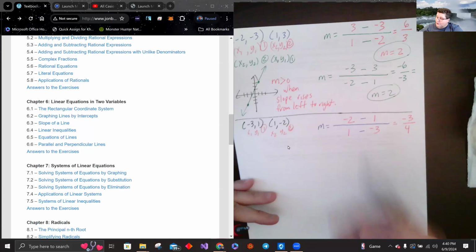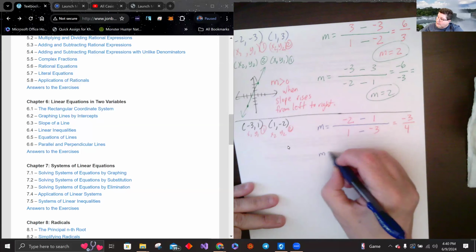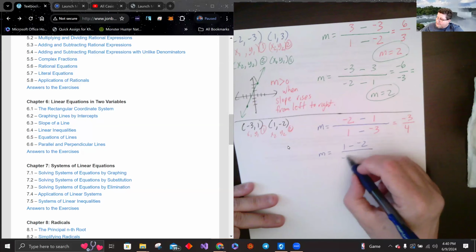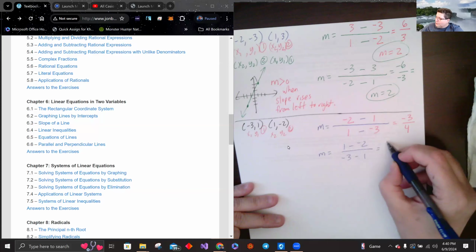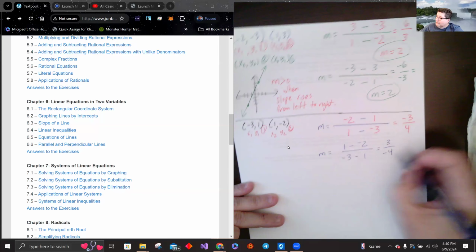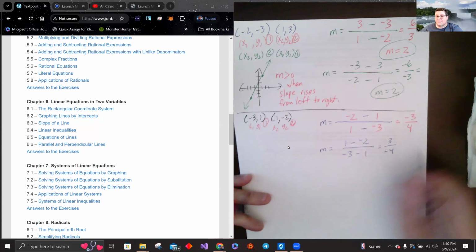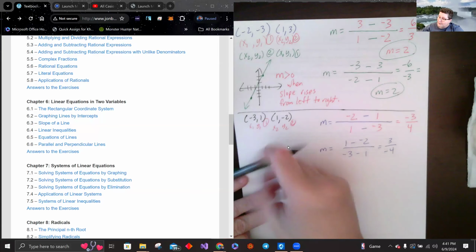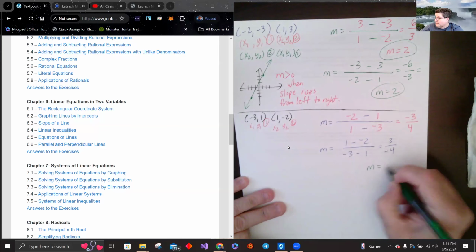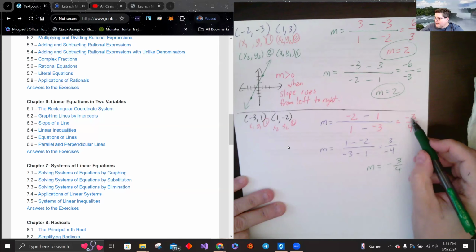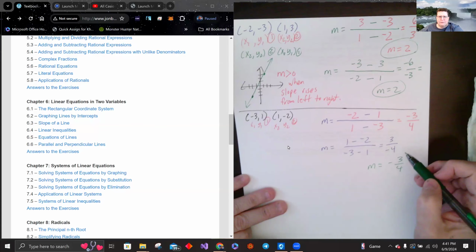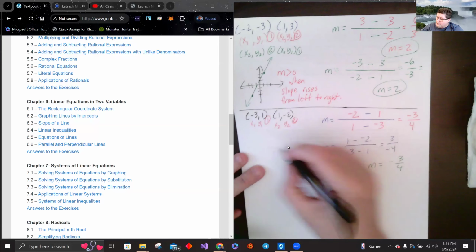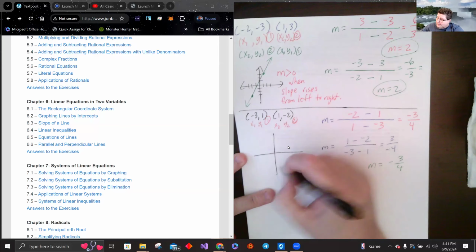If you did the other way around, you would have had 1 minus -2, -3 minus 1. You would have had 3 over -4. They're the same slope. It doesn't matter where the negative is. For both of these, m equals -3/4. But looking at it with the negative on top and the negative on bottom is actually helpful when you're graphing, as I'll show you in the next video when we're doing stuff with it.